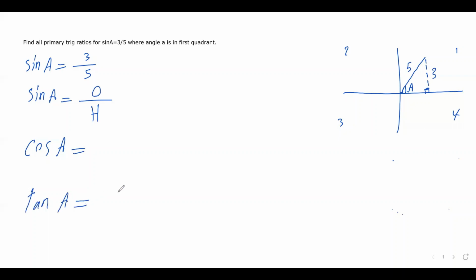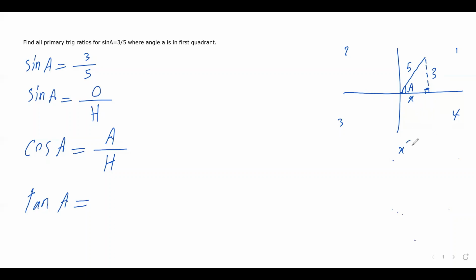So cos A equals adjacent side over hypotenuse. This is my adjacent side. I don't know what it is, so I just call it x for now. Let's find it. This is a right triangle, so I can use the Pythagorean theorem to find x.